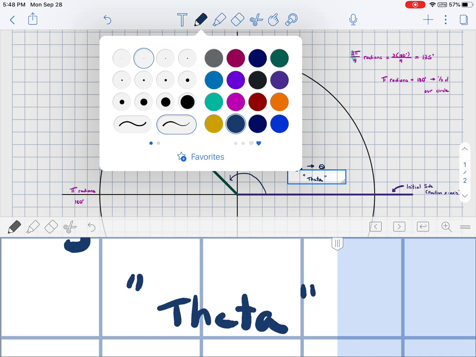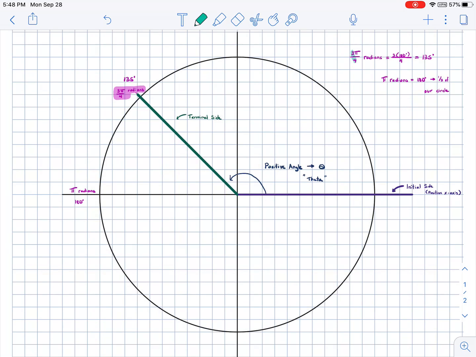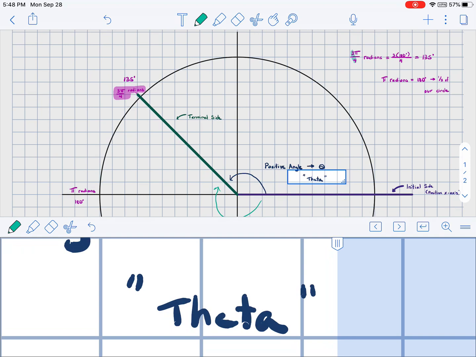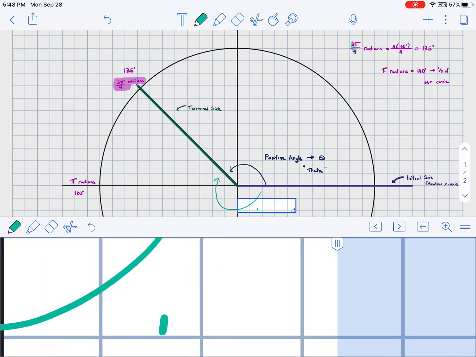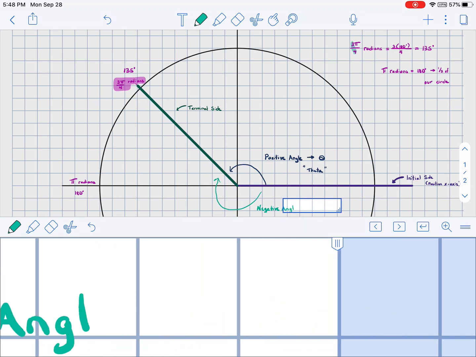Okay. Now, if we would have opened in the other direction, so let's say we opened clockwise, we would refer to this as a negative angle.